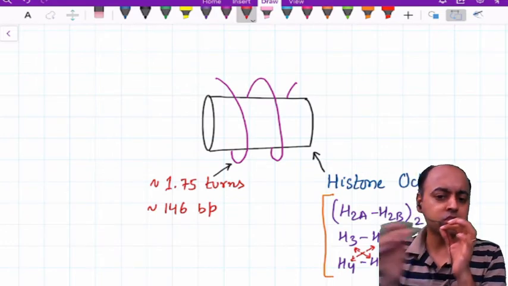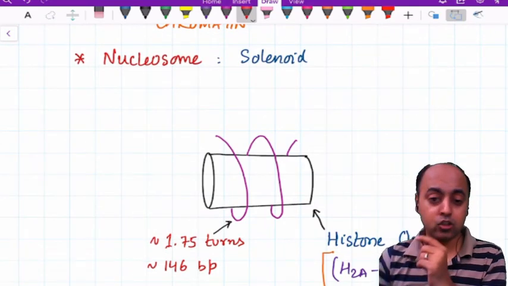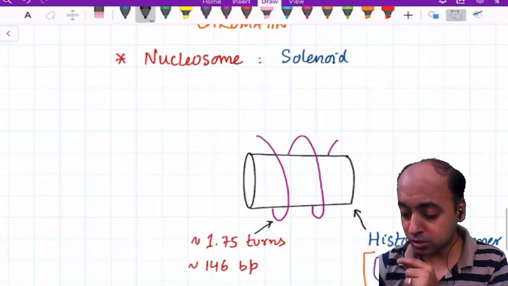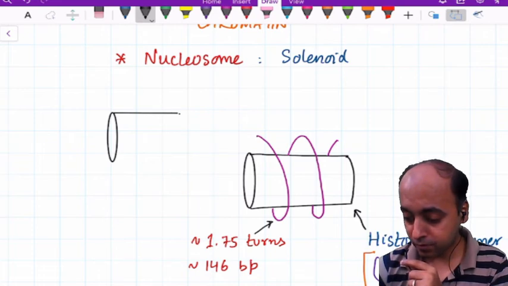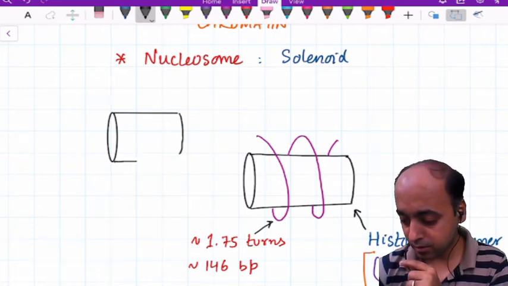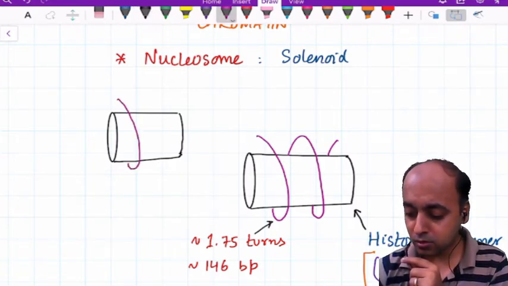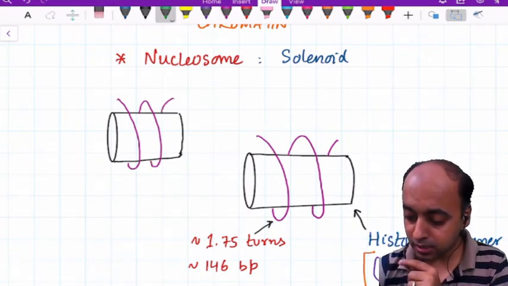Obviously, DNA is a long structure. It is not made up of only 146 base pairs. So, this nucleosomal structure cannot be alone. There must be other nucleosomal structures, obviously. So, we have another nucleosomal structure here nearby. And obviously they will be linked. So this is a second nucleosomal structure and they are linked.